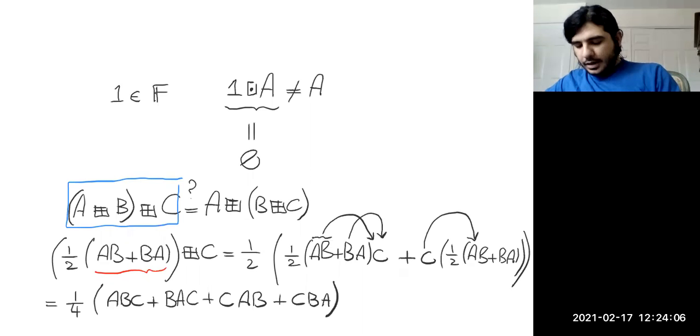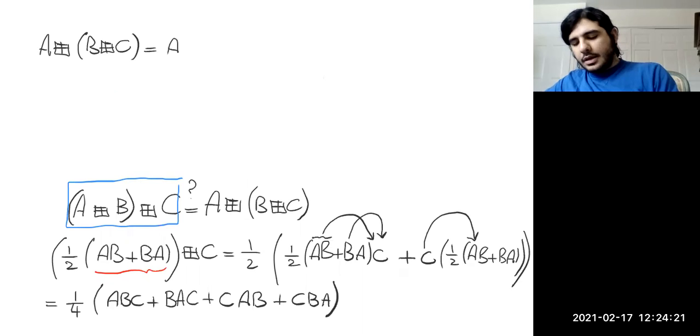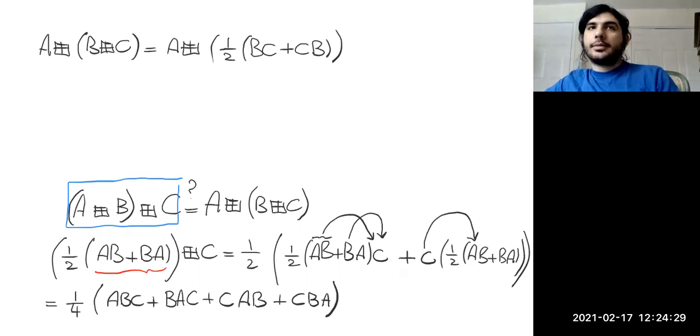I would compute the other one just here, so we have both of them on one page. What about A plus, and then B plus C in parentheses? B plus C is 1/2 BC plus CB, right?